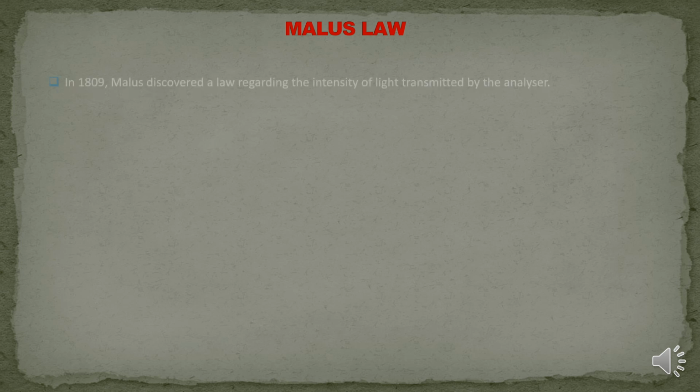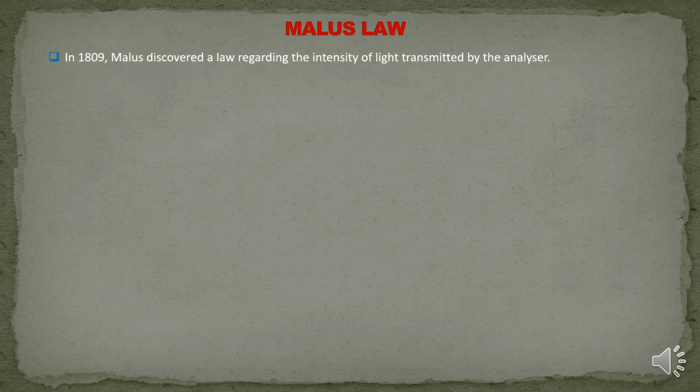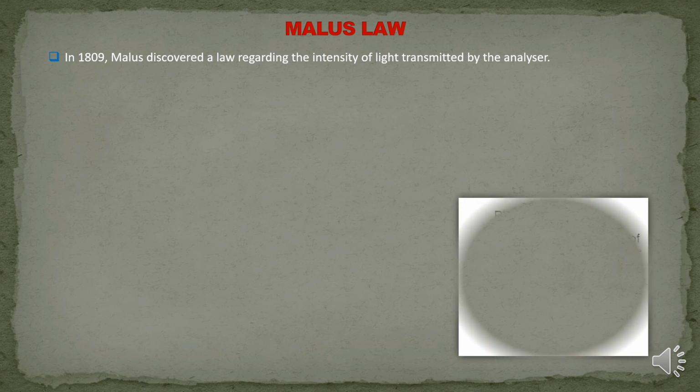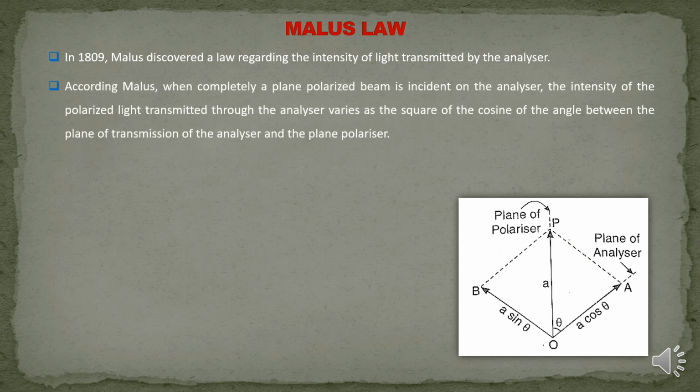Malus Law. In 1809, Malus discovered a law regarding the intensity of light transmitted by the analyzer. According to Malus, when a completely plane polarized beam is incident on the analyzer, the intensity of polarized light transmitted through the analyzer varies as the square of the cosine of the angle between the plane of transmission of the analyzer and the plane of the polarizer.